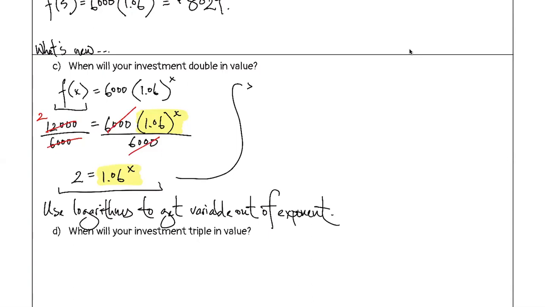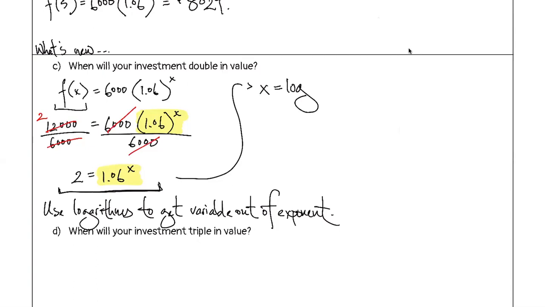So the way we're going to do it is we're going to write x, or the exponent, equals log, so L-O-G. We have to write a base for the log. Now, in this bracket right here, what is the b value, or the base? 1.06. So guess what our base is when we write it in logs? 1.06.